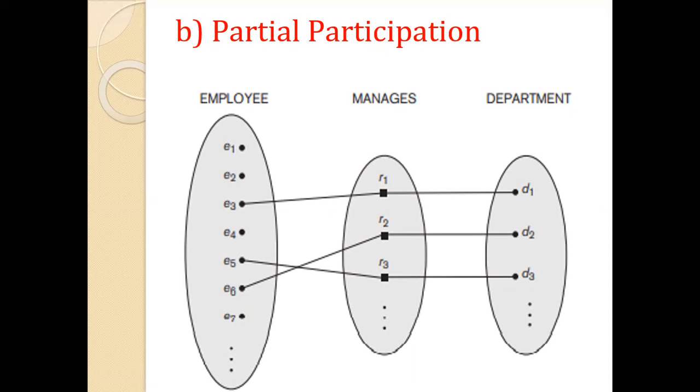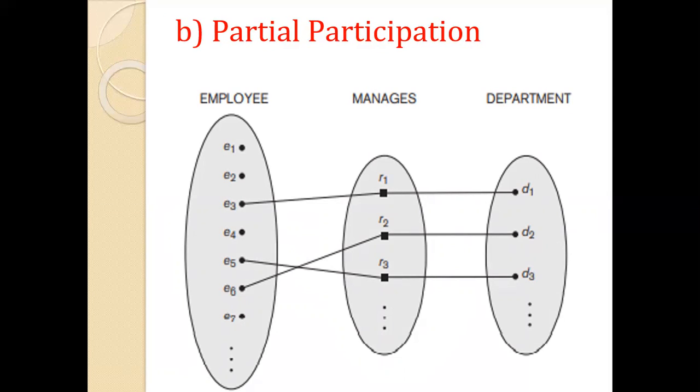So then we can form a relationship between the partial participation, that is the participation constraint, and the cardinality constraint. Based on the minimum cardinality constraint, we can decide whether the participation is partial or total.